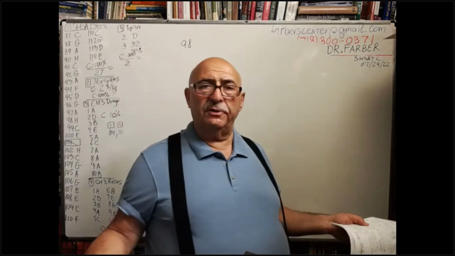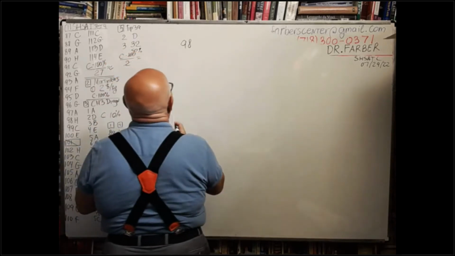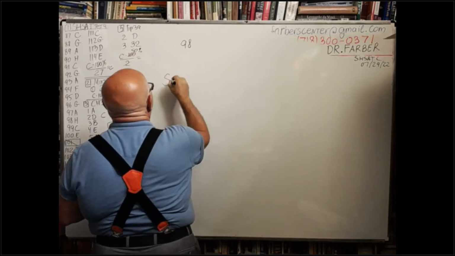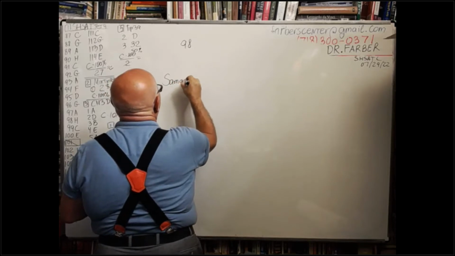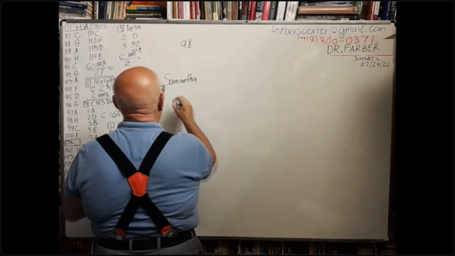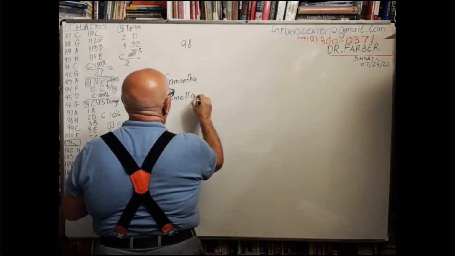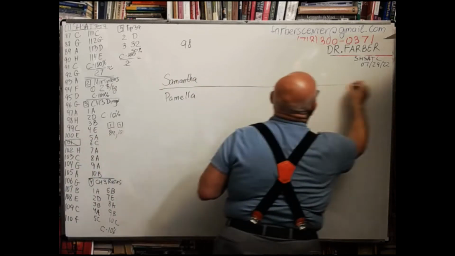Algorithm, we use matrices. So who participates here? Samantha. And the second is Pamela. We have 2 objects.